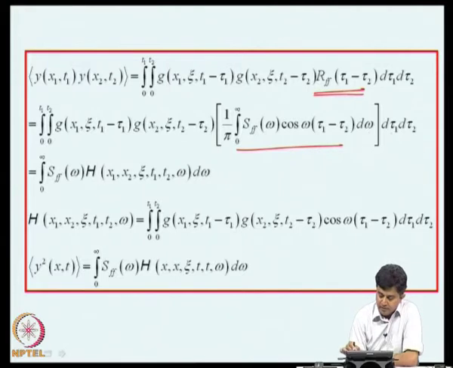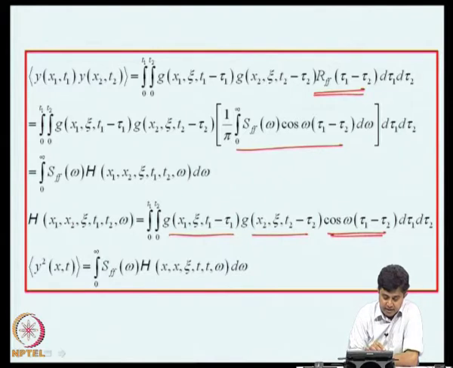So, we first integrate with respect to tau 1 and tau 2 and define a function capital H, which is this double integral in terms of system Green's functions and this cosine function. This can be viewed as the generalized transfer function, which is function of space as well as time. So, I get the cross covariance between y at x1 and y at x2 to be given by this expression.